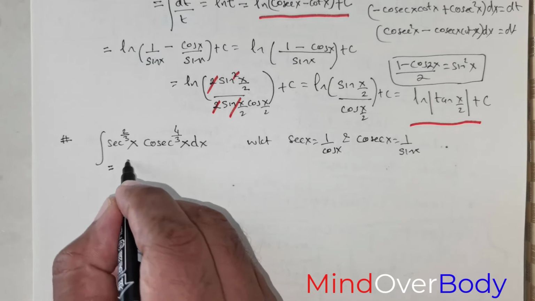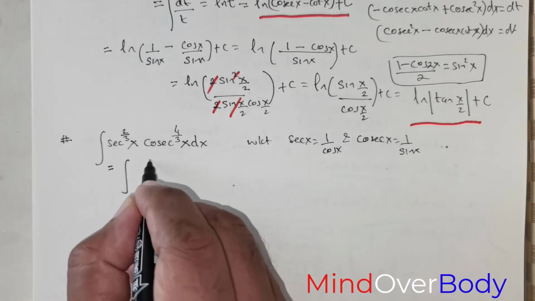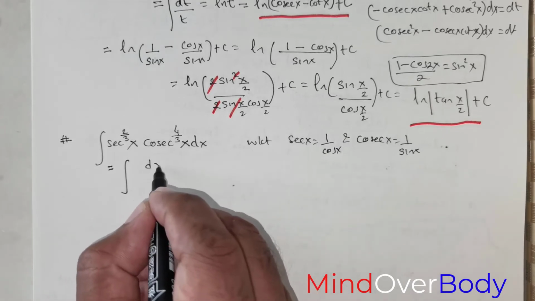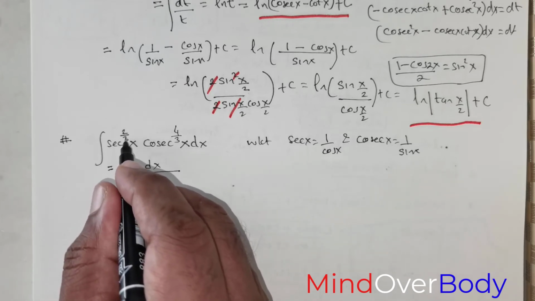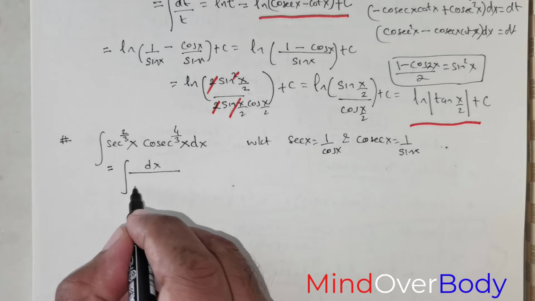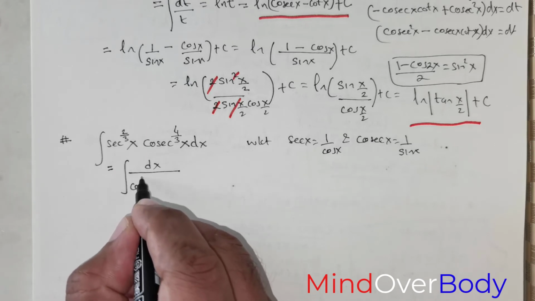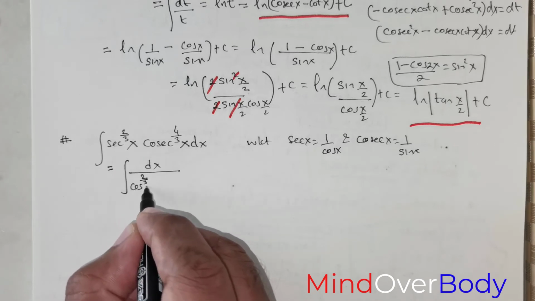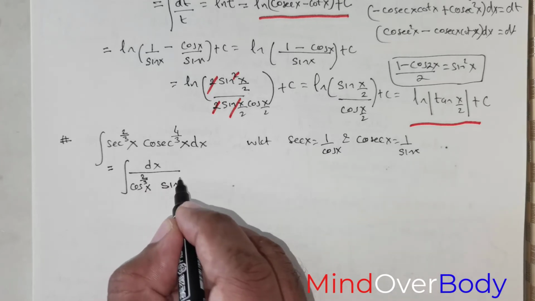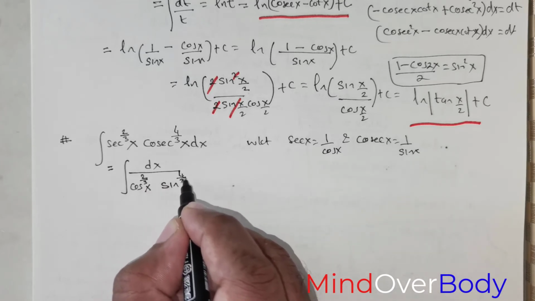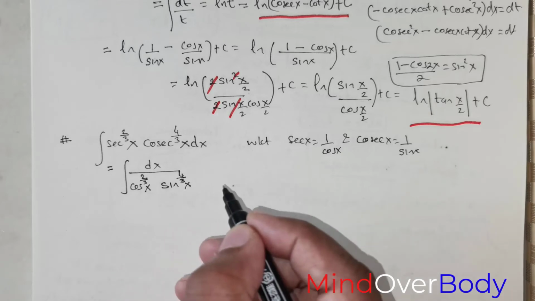So this can be rewritten as integral dx over, in place of secant raised to the power of 2 over 3 x, I'm going to write cos raised to the power of 2 over 3 x. In place of cosecant, it's going to be sine raised to the power of 4 over 3 x.